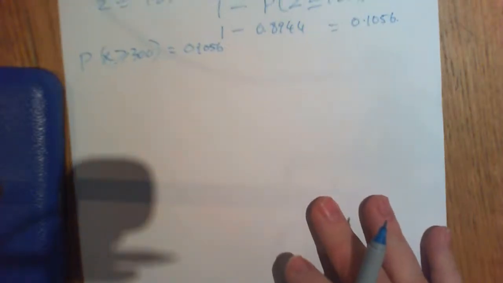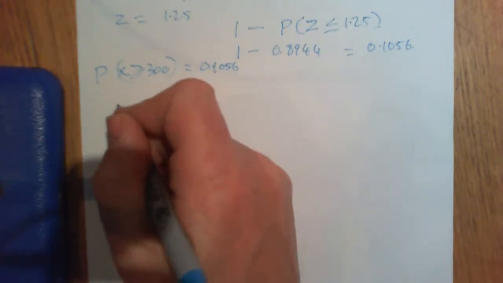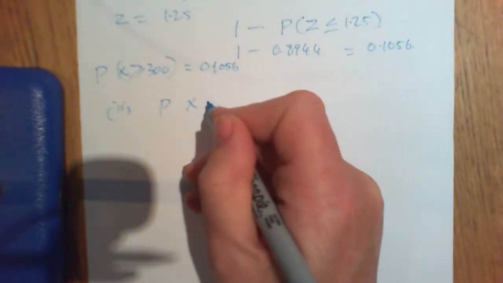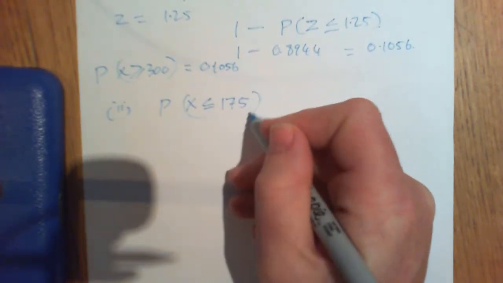So next one, is there a part 2 to that one? Let's just check. Yeah, there's a part 2. Find the probability that x is less than or equal to 175. Let's work out our z-score for that.